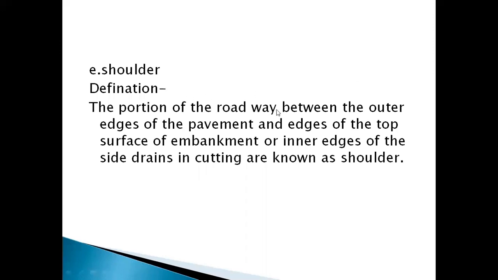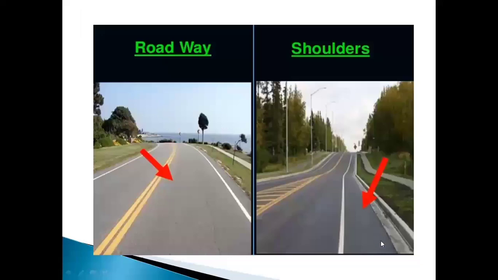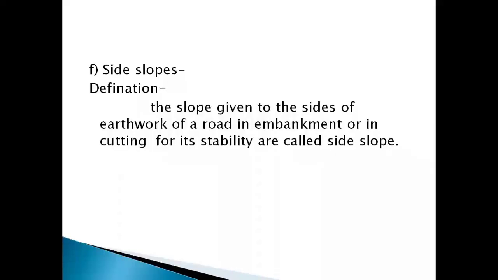The portion of roadway between the outer edge of pavement and the inner edge of the top surface of embankment is called a shoulder. Then the next term is side slopes.